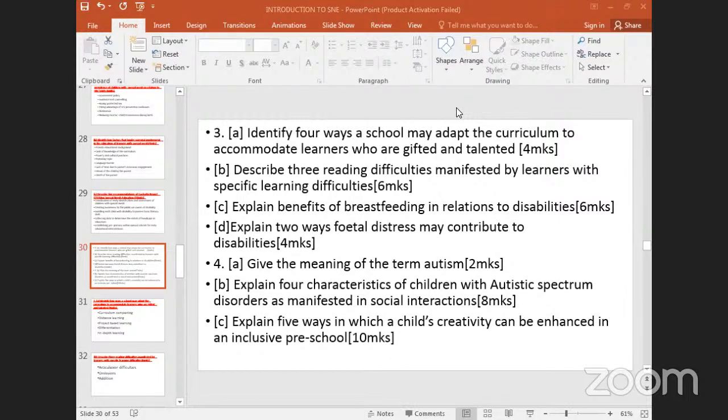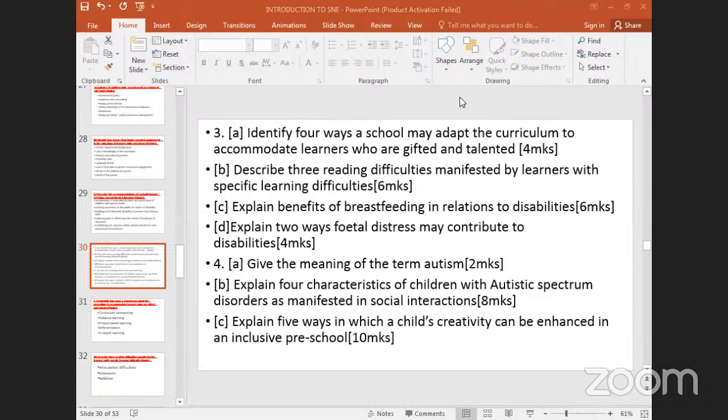I'd also like to talk about adapting the evaluation procedures, because these are learners who are way ahead of the rest, and so they can't be evaluated in the same way as the others.